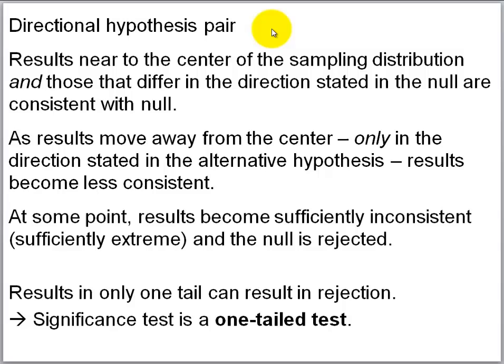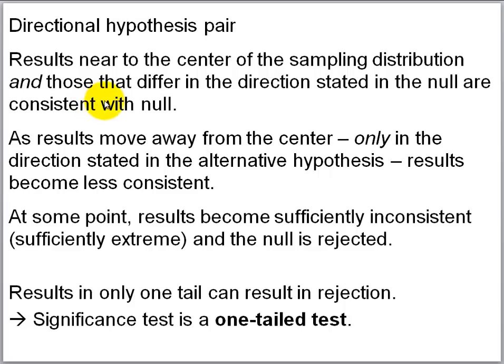So how do you look at statistical significance, and in particular the value of p, when you've got a directional hypothesis pair? Well, when results are near the center of the sampling distribution, and also when results are in the direction stated in the null, so the null is going to state the direction opposite to expectations, and our alternative hypothesis is stating the direction of expectations.